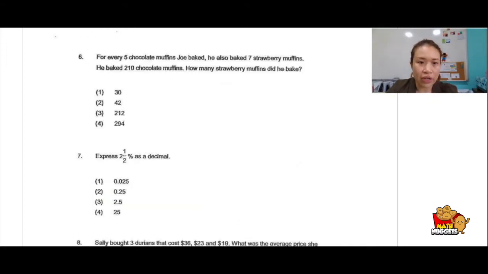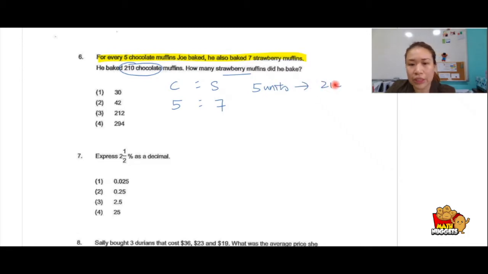Question 6. For every 5 chocolate muffins Joe baked, he also baked 7 strawberry muffins. Now this sentence tells us our ratio. So we know that chocolate to strawberry will be 5:7. So we know that he baked 210 chocolate muffins. We are trying to find the strawberry. So this tells us that 5 units is 210 muffins.